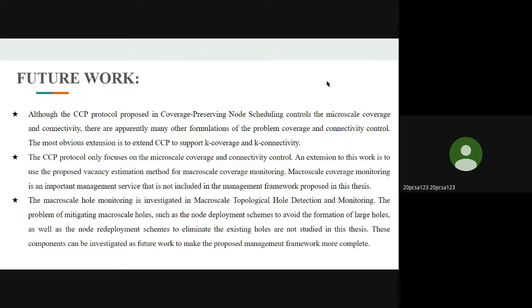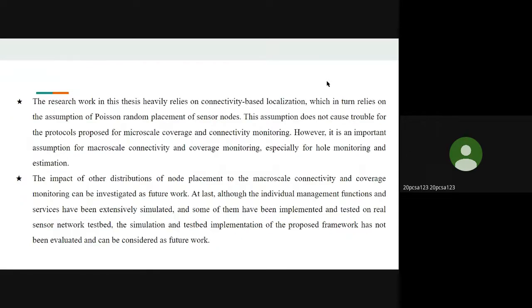The problem of mitigating macroscale holes, such as a node deployment scheme to avoid the formation of large holes, as well as the deployment schemes to eliminate the extension of a hole, are not studied in this thesis. These components can be investigated as future work to make the proposed management framework more complete.